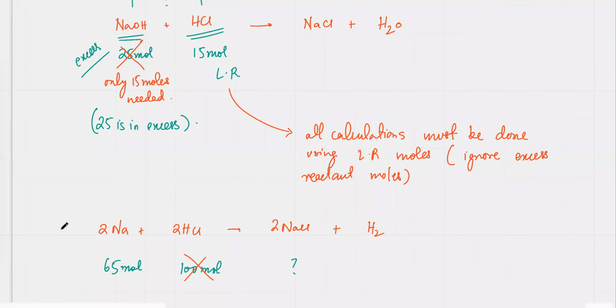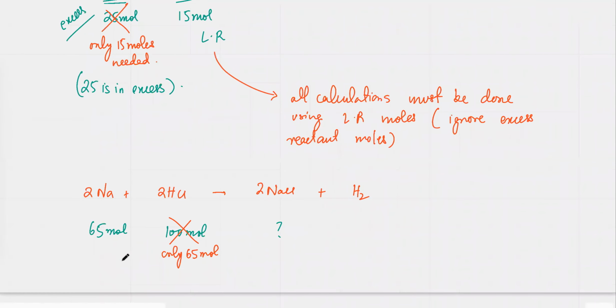It's 1:1. I mean, it's the same ratio, so that means 65 will react with only 65. So only 65 moles are needed. So 65 would react with 65 to produce 65 moles on the other side.